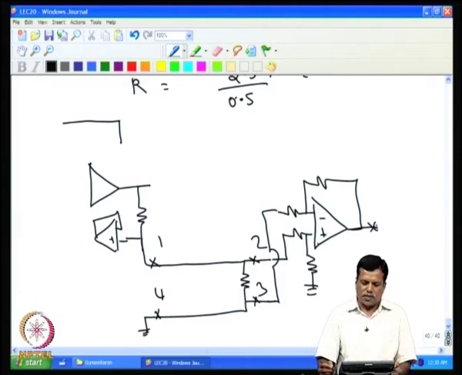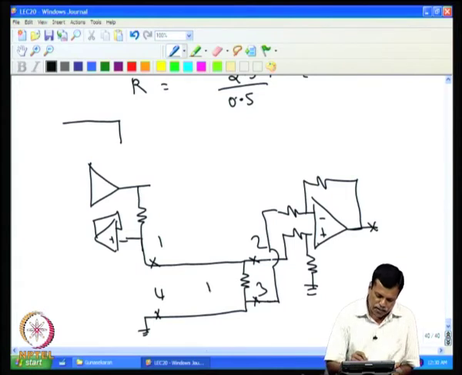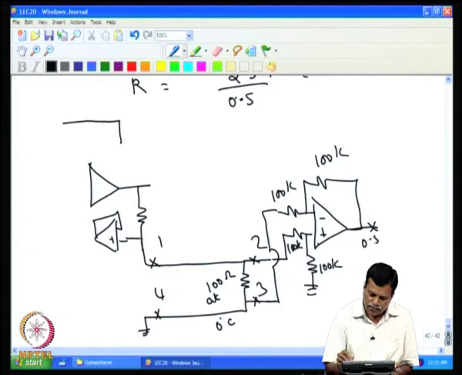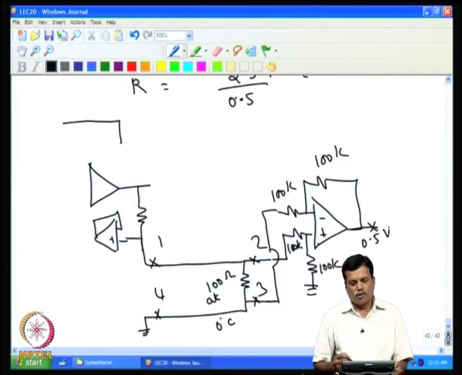For example, if it is 100 ohm at 0 degree C, then you will have 0.5 volt difference across this, and if these resistances are equal, then you will be getting 0.5 volt, the minimum voltage.